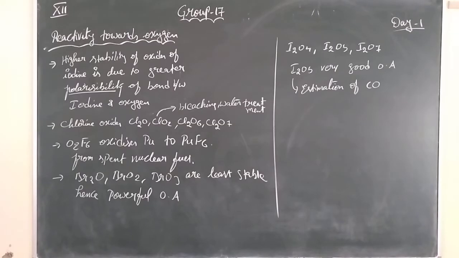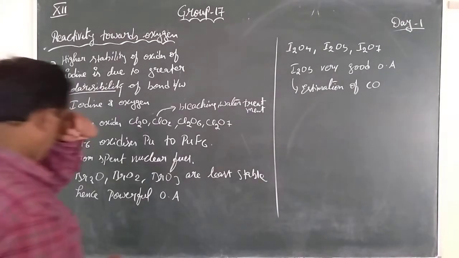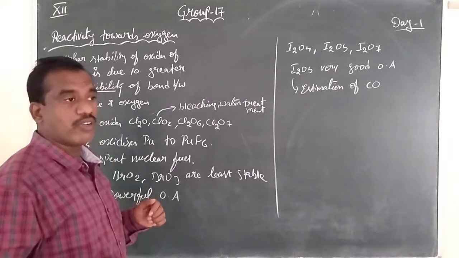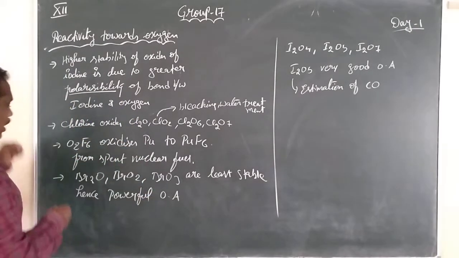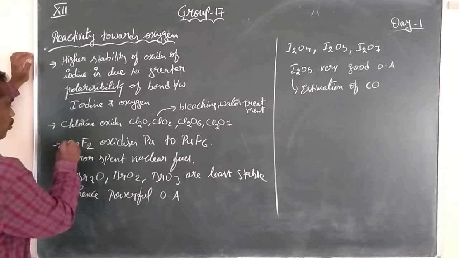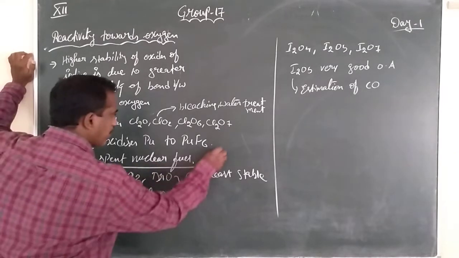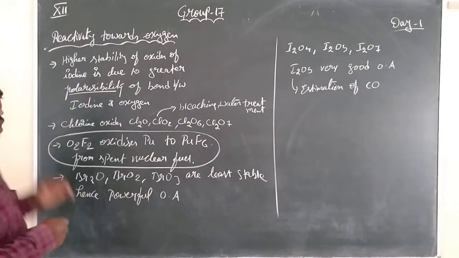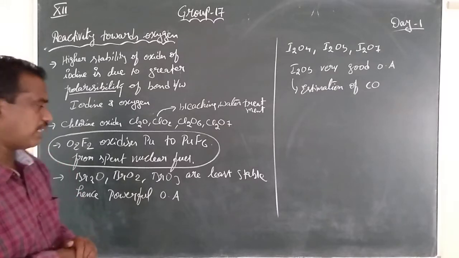Okay, children, for the reactivity towards oxygen we have already seen what types of oxides of fluorine are formed. Again, one important point is O2F2, taken from the oxides of fluorine with oxygen.